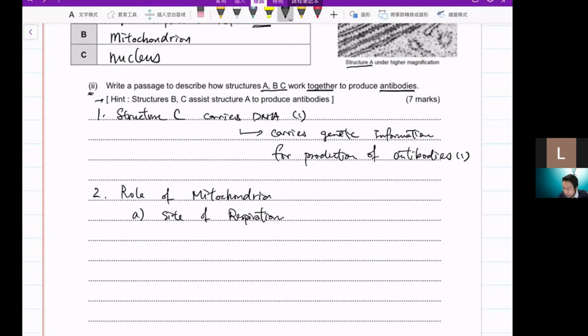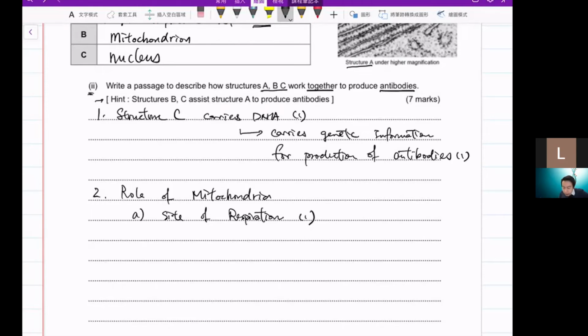If you are able to tell me this, then you will get 1 mark. Then second point, you need to tell me how mitochondria help the production of antibody. All of you know that respiration releases energy from food so that it supports different metabolic activities. Without the energy, different metabolic activities will stop.